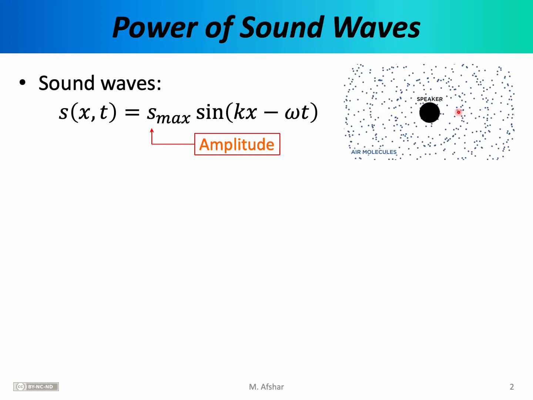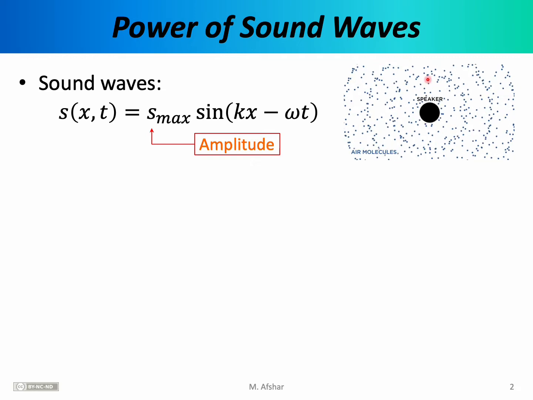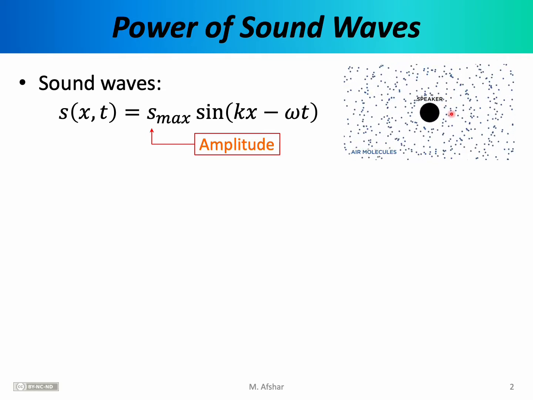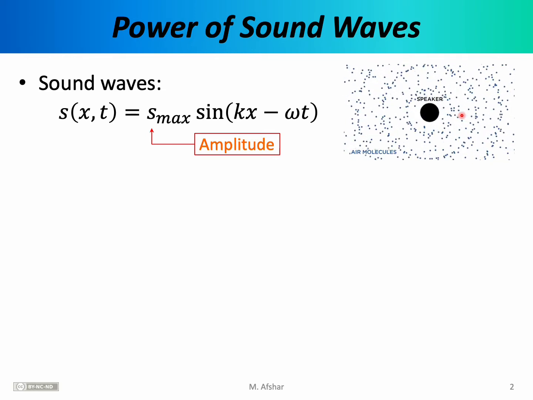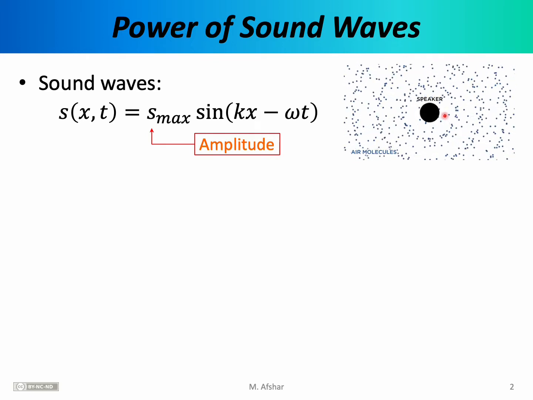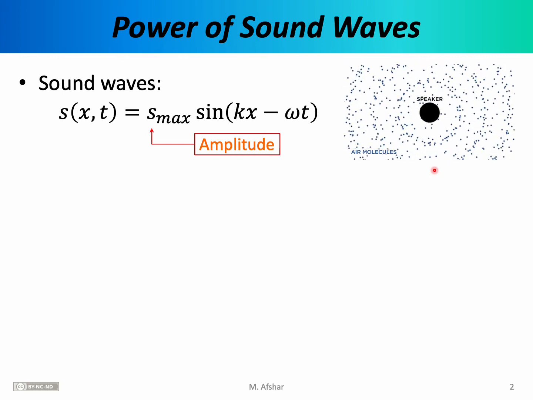In any case, a source is generating sound waves by displacing the molecules from their equilibrium position, and as you can see, these molecules, through collisions with one another, transmit energy, and so ultimately energy, or a certain amount of power, propagates outwards in every direction from the source.